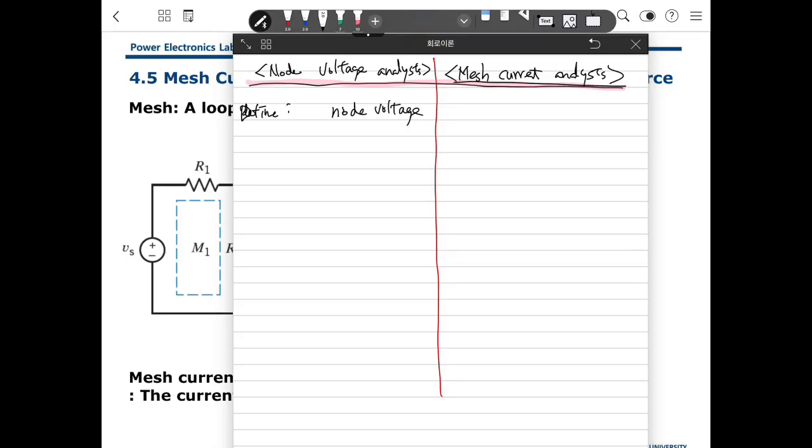But in the case of mesh current analysis, we should define the mesh current. And apply the law. What do we apply? We apply KCL for each node. But in this case, we apply KVL for each mesh.